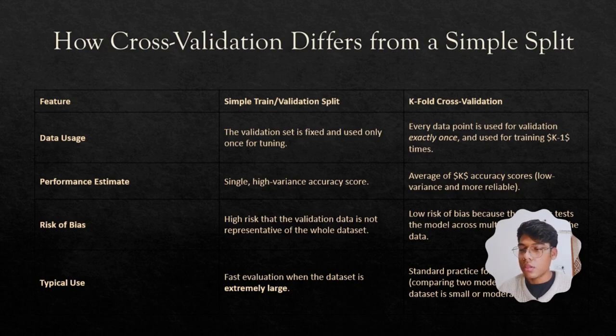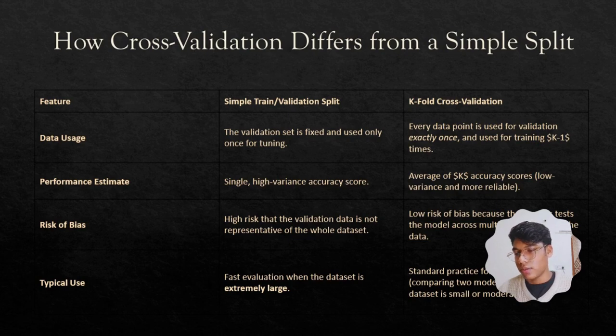Risk of bias: with a simple train split, there's a high risk that the validation data is not representative of the whole dataset, while K-fold has a low risk of bias because the process tests the model across multiple partitions of the data.